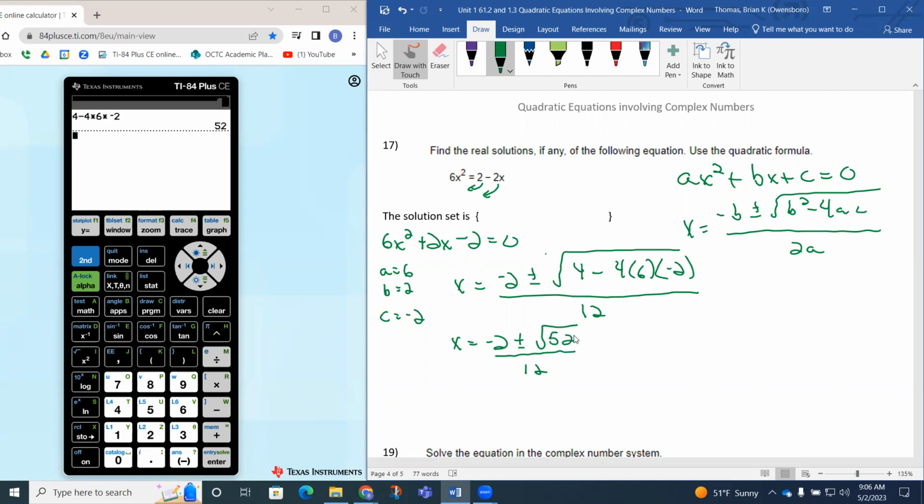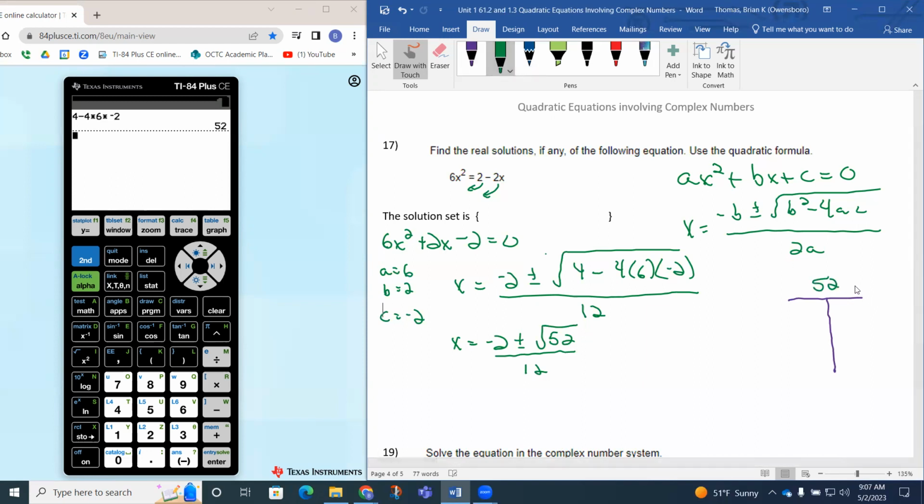Now, the thing is we have to simplify what's inside the radical. So remember, we're looking for what we call perfect squares. So if we can find some factor pairs, then those factor pairs come out as a single factor. So over here, we'll make our little t-chart. And the 52 will go on the top.